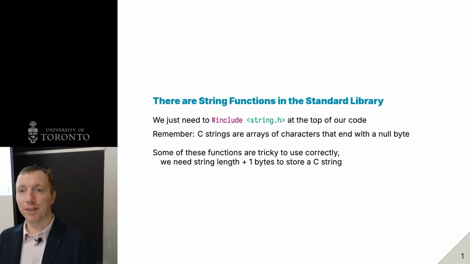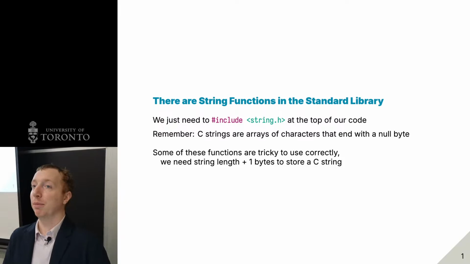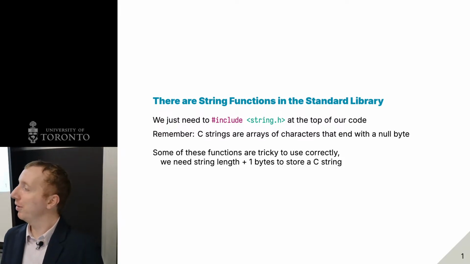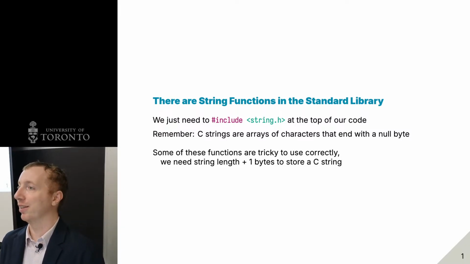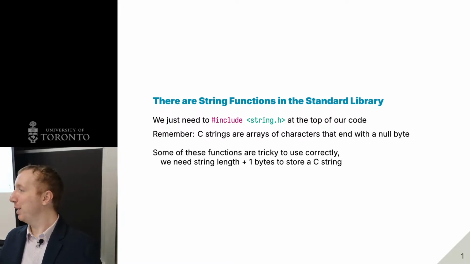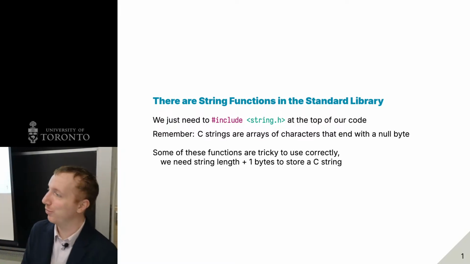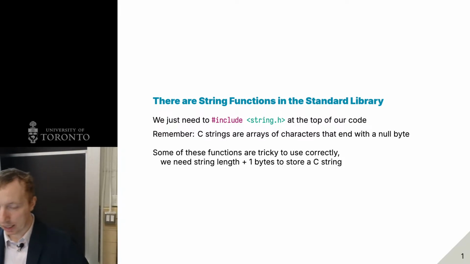Which sounds simple, but in practice it is notoriously difficult, because what happens if we're trying to print a string and we forget to put a null byte at the end of our string? We just keep on reading until we happen to hit a null byte, right? Which, in more cases than not, is a bad idea.